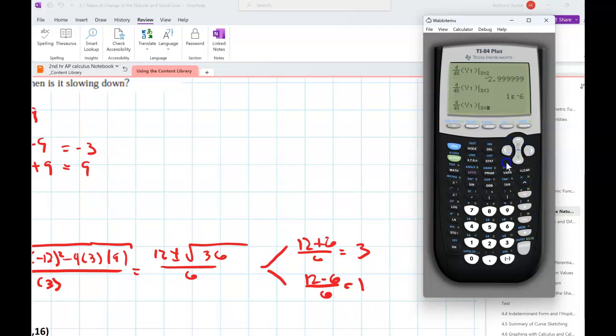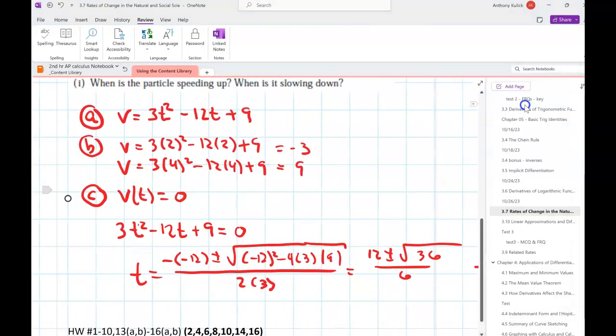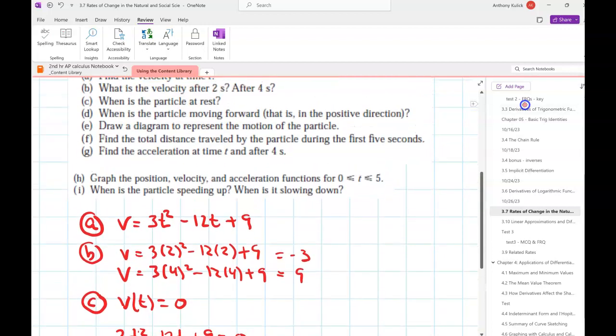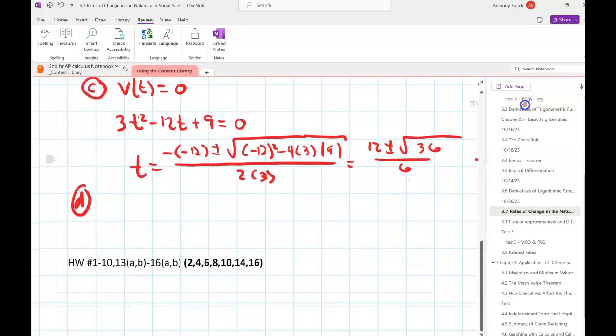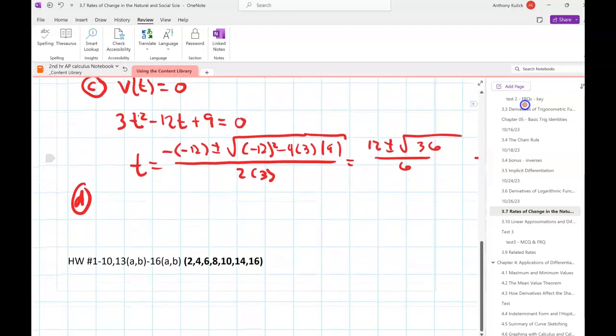If I do it with 1, I get 0 again, right? So I feel good. Everybody happy? All right. Let's see what's next. Could you go back? What were the answers for the quadratic? 3 and 1. Yep.